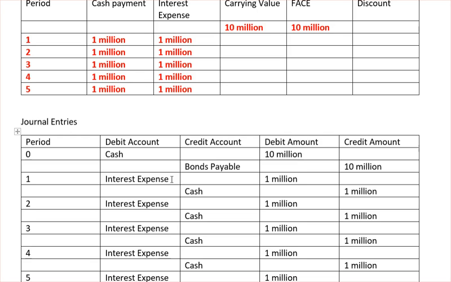We can say that the cash paid is stated interest rate times the face value, or the amount that has been borrowed, and we'll still come up with the same number, because in this instance carrying value and face value are the same, and because market and stated are the same, we always come up with the same numbers.